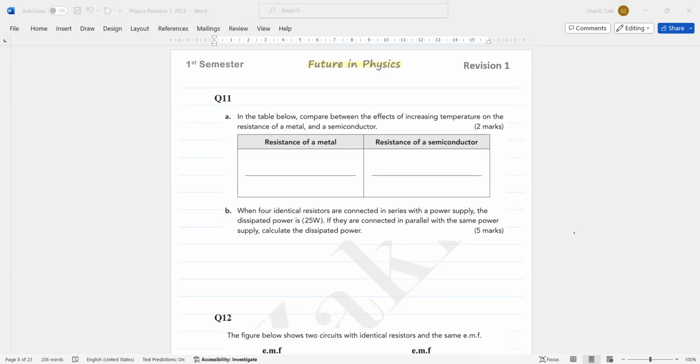So in case of metal, increases. In case of semiconductor, the resistance decreases.